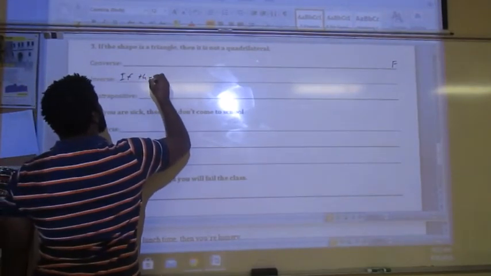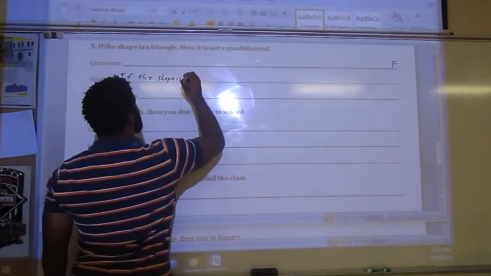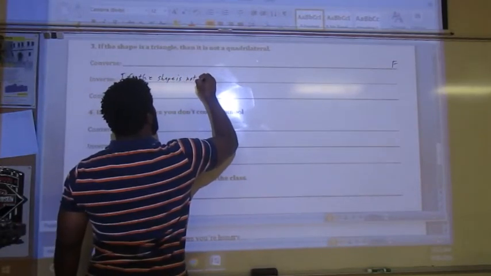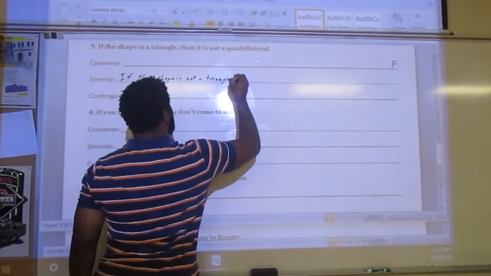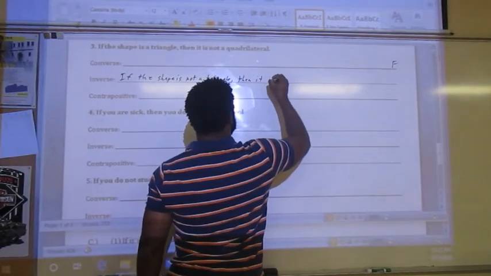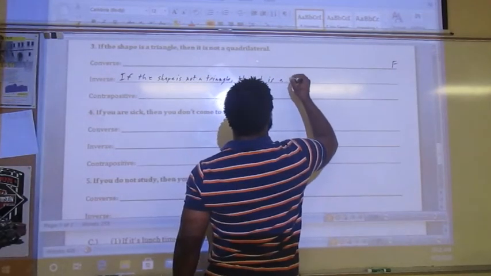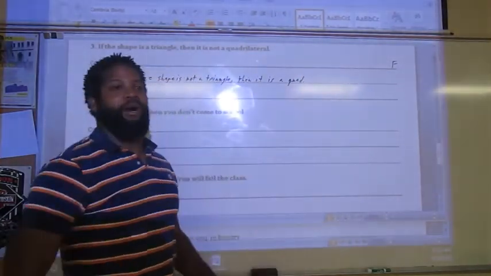If the shape is not a triangle, then it is a quadrilateral. Yeah, because you got the octagon, pentagon, cubes, spheres, cones. Why?